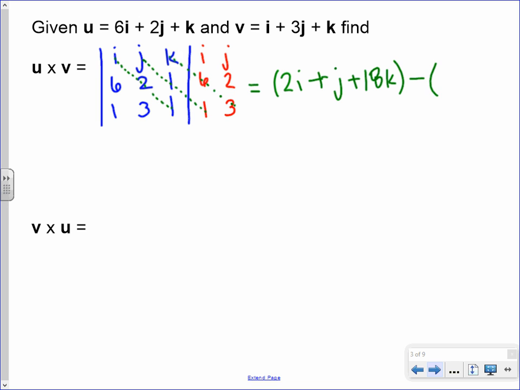Then we will subtract all of the up diagonals. So going up, we have 1 times 2 times k plus 3 times 1 times i and 1 times 6 times j.